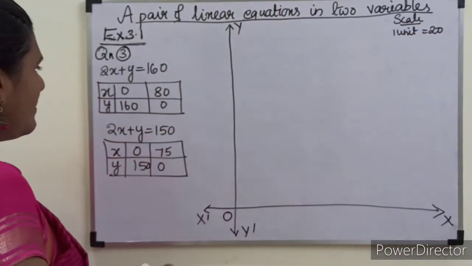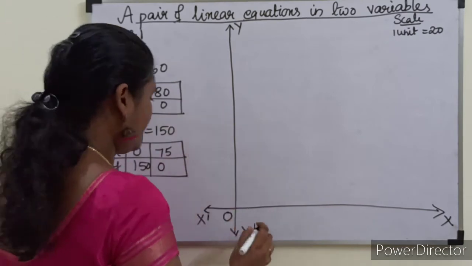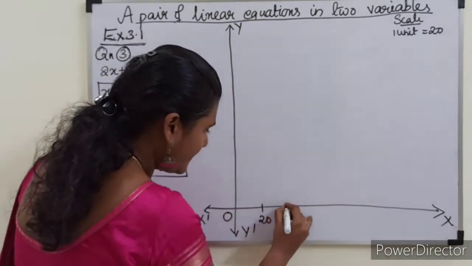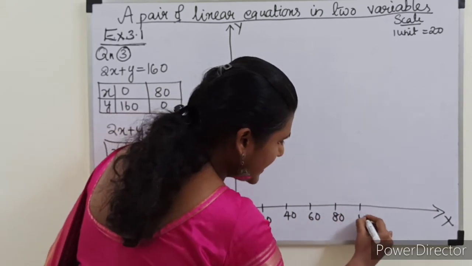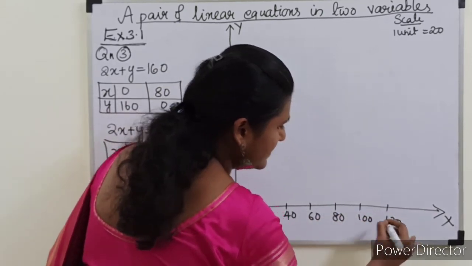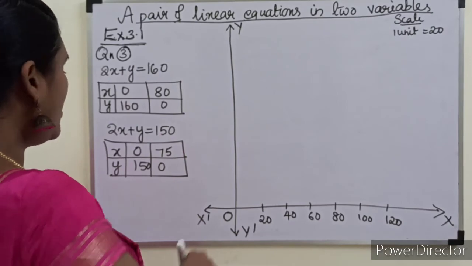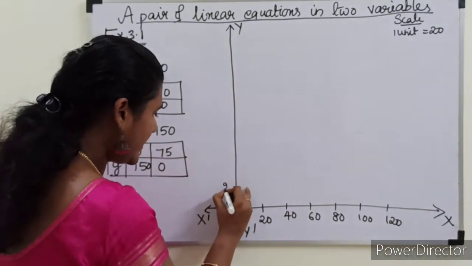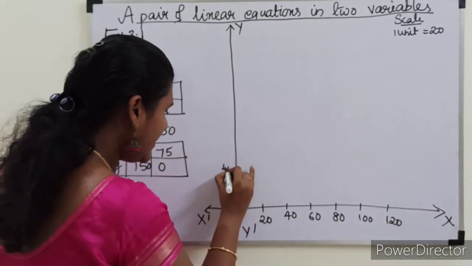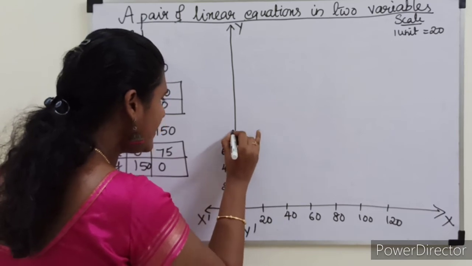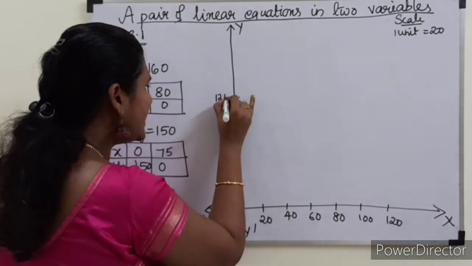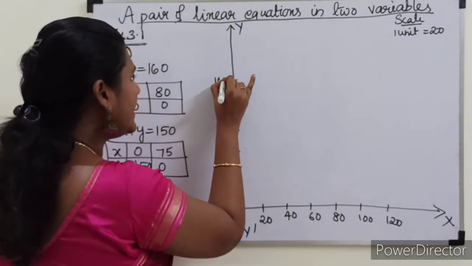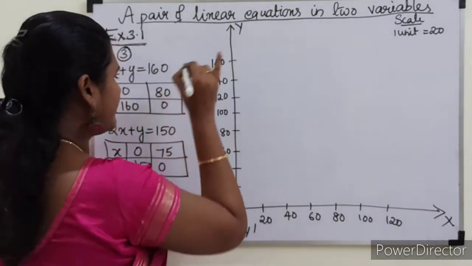So we will mark the points on the x-axis: 20, 40, 60, 80, 100, 120. Now on the y-axis: 20, 40, 60, 80, 100, 120, 140, 160.